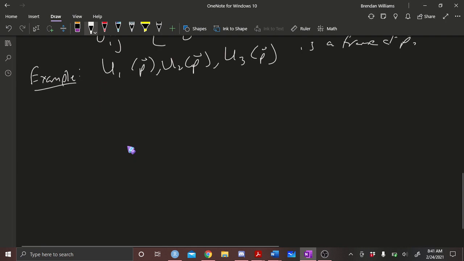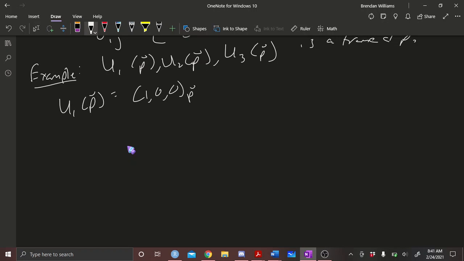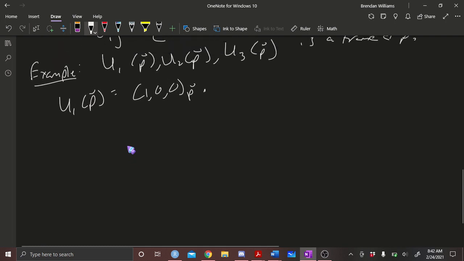All I have to do is remember exactly how these u sub i's are defined. For example, u sub 1 of p is defined to be 1, 0, 0 at p, that tangent vector. We can easily check this condition. I'm not going to right now.